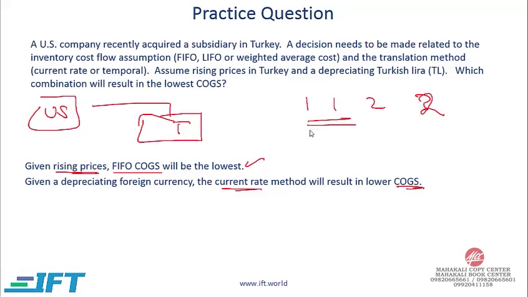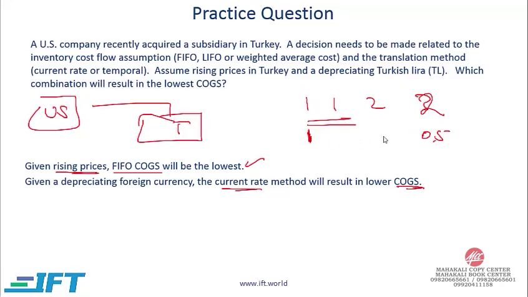So let us say that we have an exchange rate of 1 and we are taking the Turkish lira as the base currency. We don't know the exact exchange rates, and that's not really relevant. What we do know is that the Turkish lira is weakening. So we can say that the exchange rate goes from 1 down to 0.5. That's substantial weakening, but it will help illustrate the point.